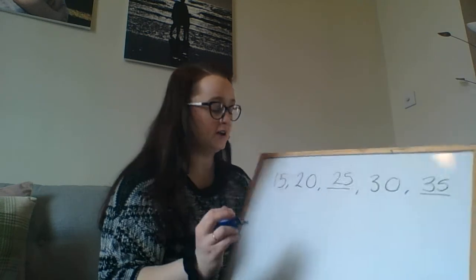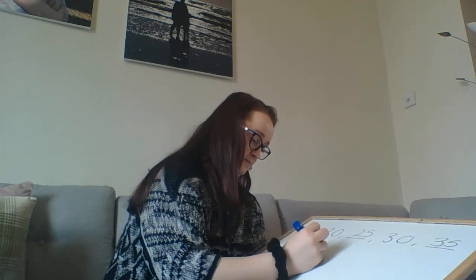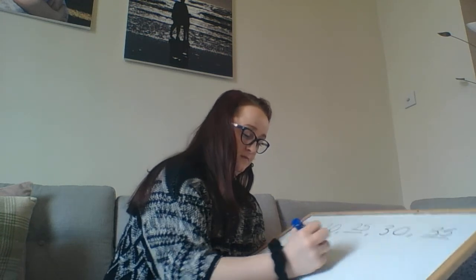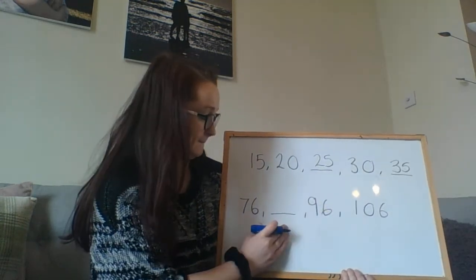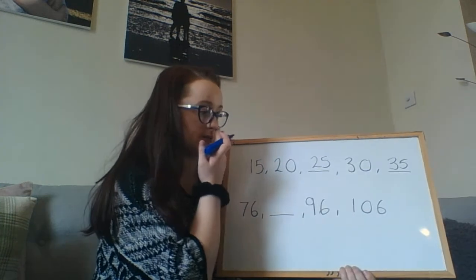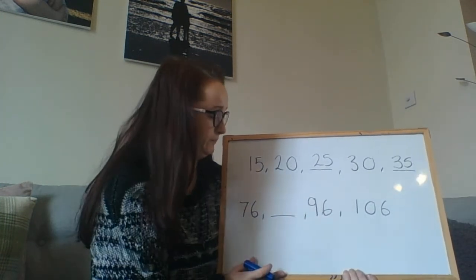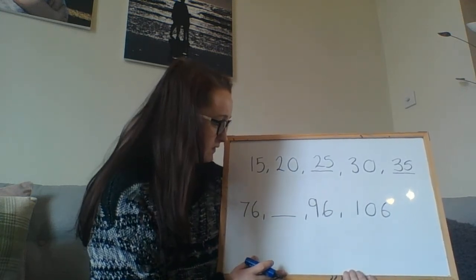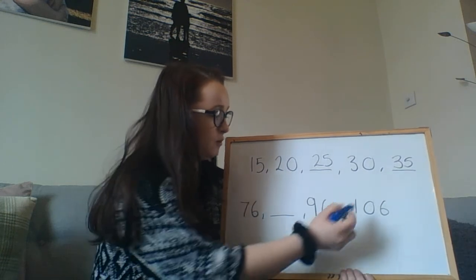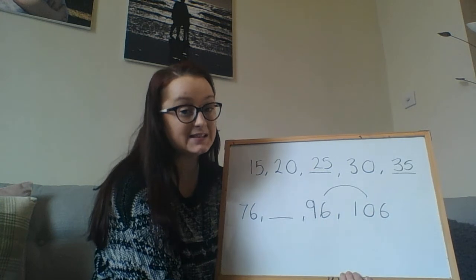Now I'm going to try a tricky one with you. Now I've got this one. 76, 96, 106. Now what are we jumping up in there? What are we counting on in? Any ideas, Year 3? It's a bit of a tricky one. Now we know the difference between 106 and 96 is 10.